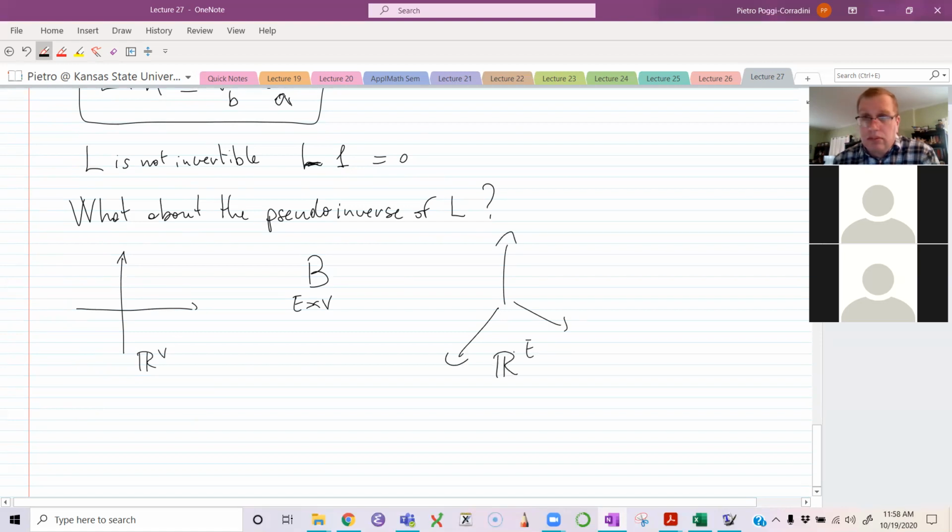In general, there are more edges than vertices, which is why I draw it like this. Of course, there's a kernel here: the span of the constant functions has gradient 0. And over here there's going to be some kind of image.